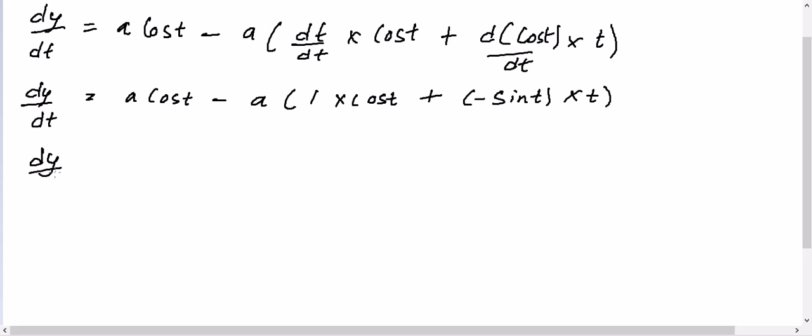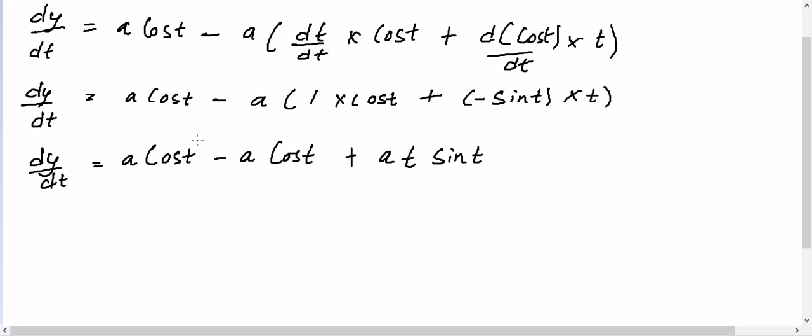So dy by dt is a cos t minus a cos t plus a t sin t. Okay guys, so this and this will be cancelled. So dy by dt is a t sin t.